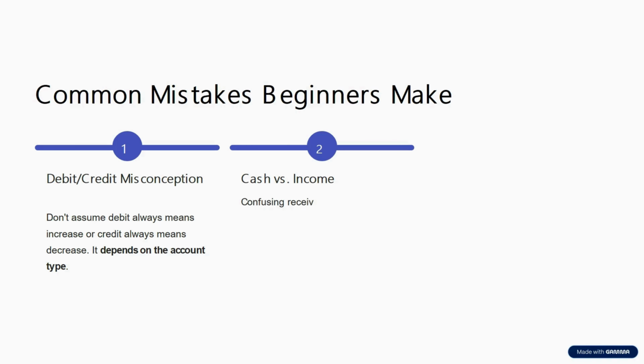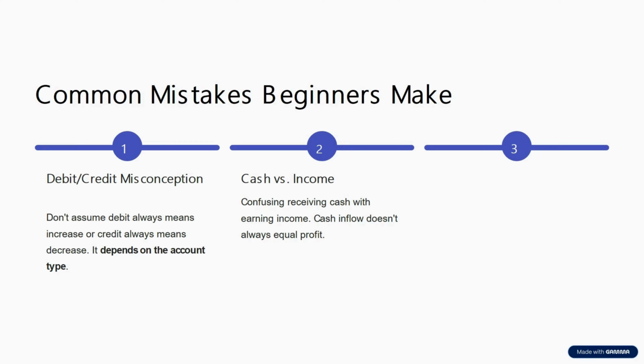Confusing receiving cash with earning income? Cash inflow doesn't always equal profit. Number 3 is unbalanced transactions. Forgetting that every transaction must maintain balance, total debits equal total credits.